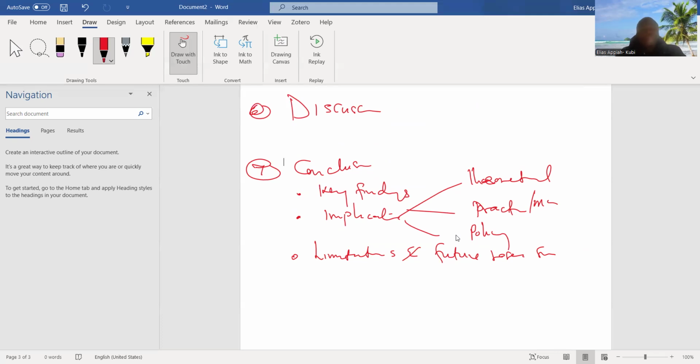Okay, based on the context. Let's say you focused on only SMEs. So future studies should also focus on large firms or should add large firms. You focused in Ghana. That is, the study focused in Ghana. So future studies should also focus on another country in Africa or even outside Africa.